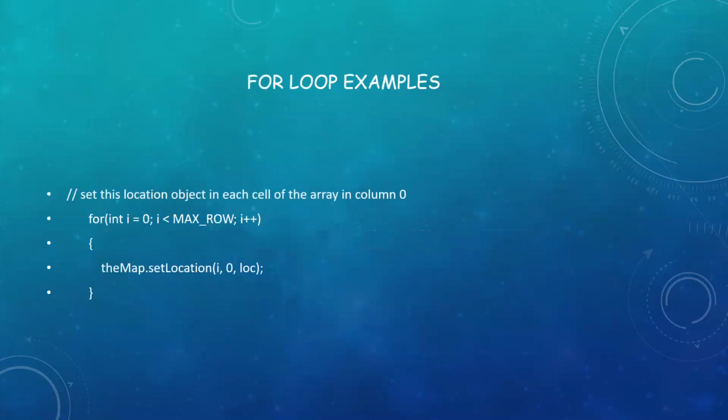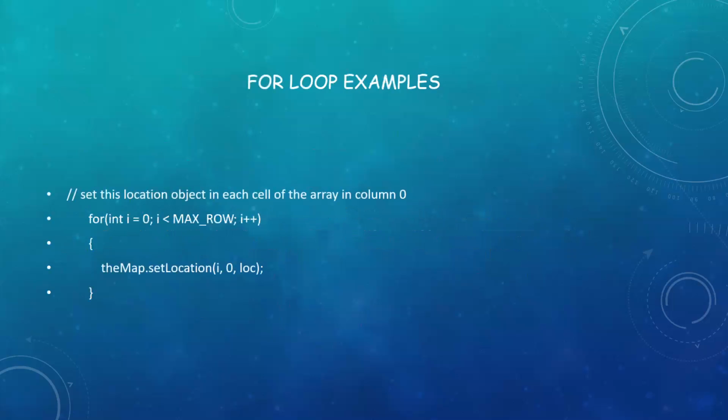For loop examples are: set this object in each cell of the array in column 0, for int i equals 0, if i is less than max row.